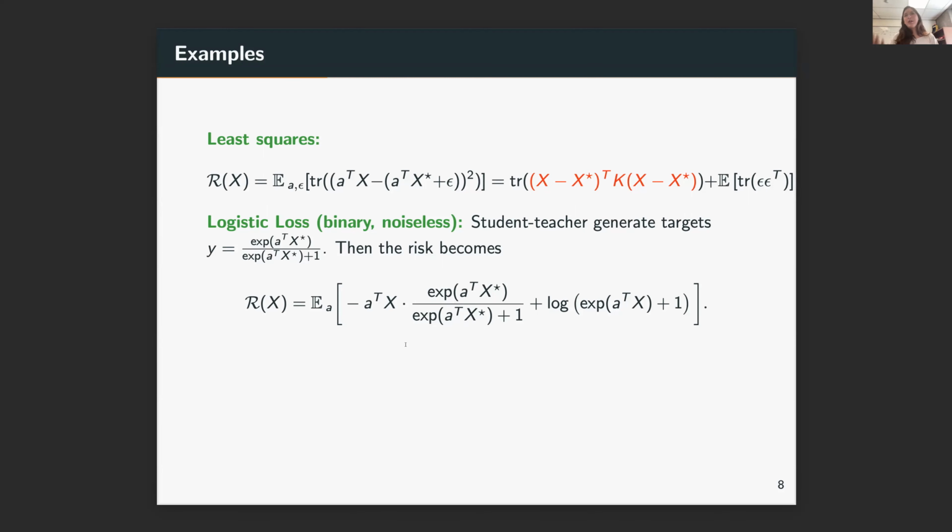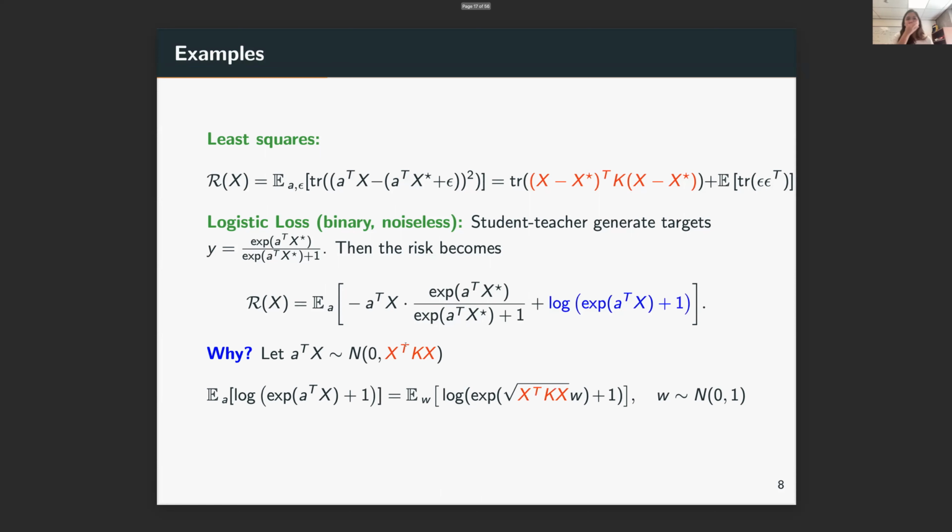And you might be saying, how is that written as some W or with a Q, K? It doesn't look like it. Well, it does work. Why? Because if you look at A transpose X, remember A is normally distributed with covariance K. So A transpose X is normally distributed, but now with a covariance given by X transpose KX.